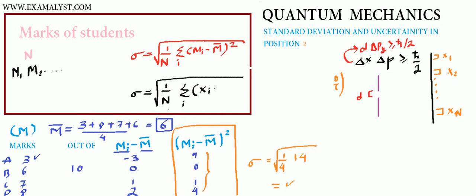Agreed. So xi minus, and then there will be an x bar. What is x bar? x bar is the expected value of position where the electrons will be found in more quantity. Agreed. That is x bar.